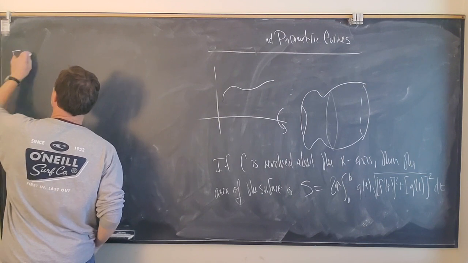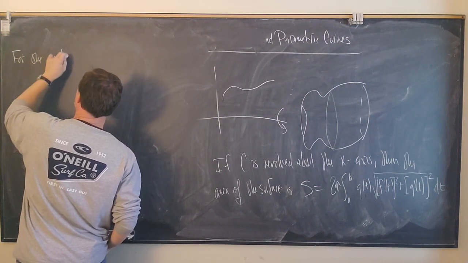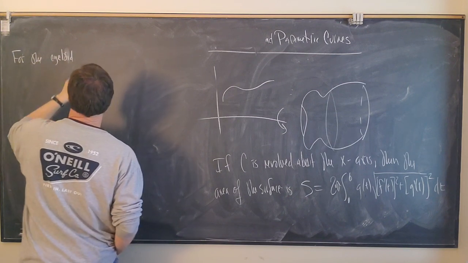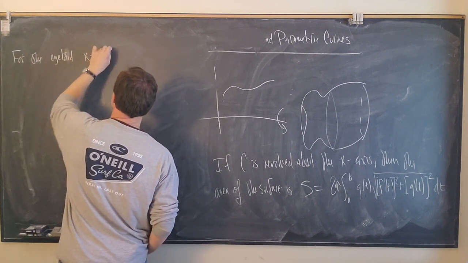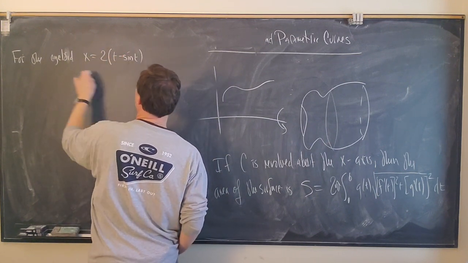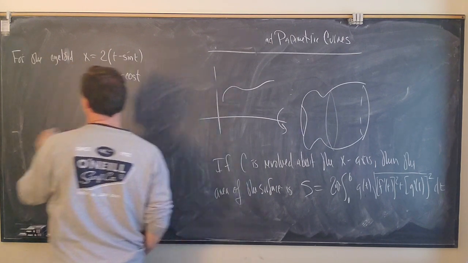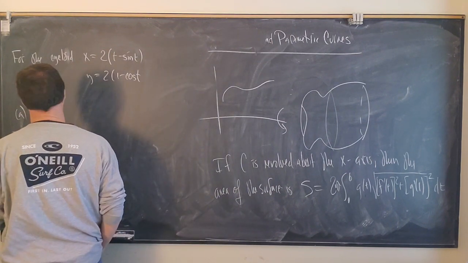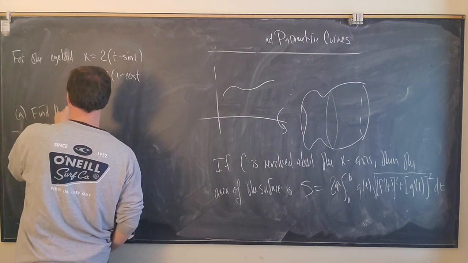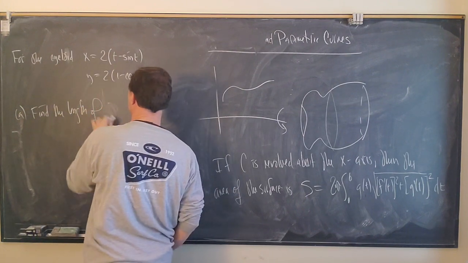So for the cycloid, same one that we were doing before, so the radius is 1. So for the cycloid, x equals 2 times t minus sine t, y equals 2 times 1 minus cosine t. Part A, find the length of one arch.